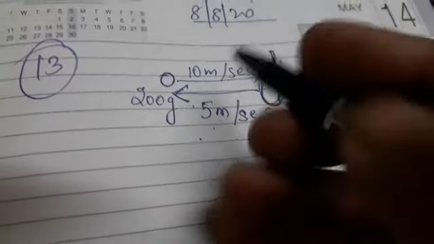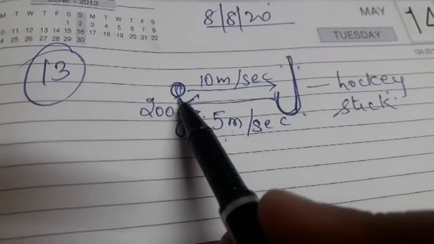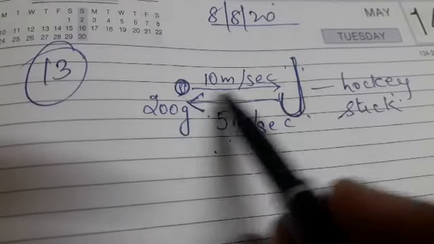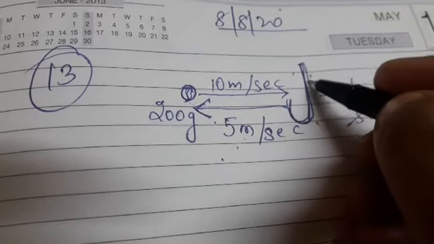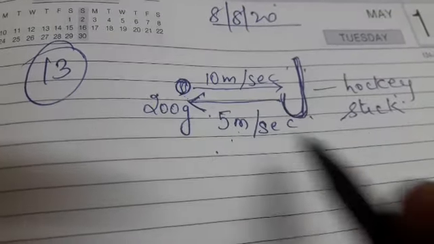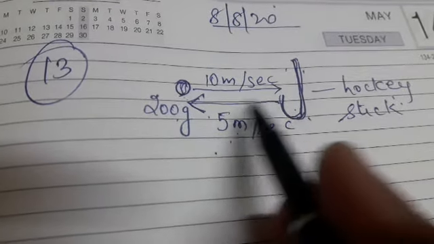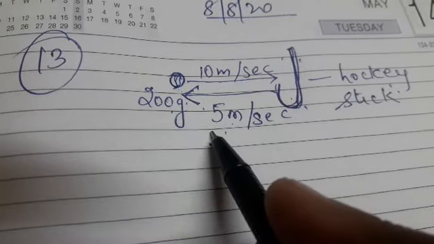Okay, I repeat. Now this is a ball moving with the velocity of 10 meters per second in some direction. So suppose it is moving in this direction and the velocity is 10 meter per second. It hits the hockey stick and then it returns back in the same path, but the velocity is changed now to 5 meters per second.